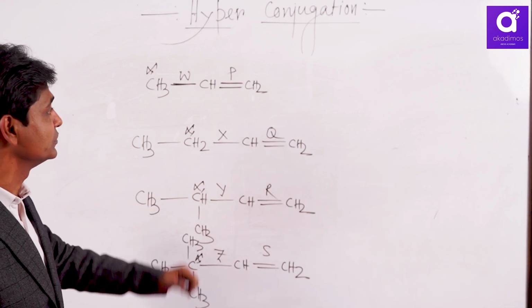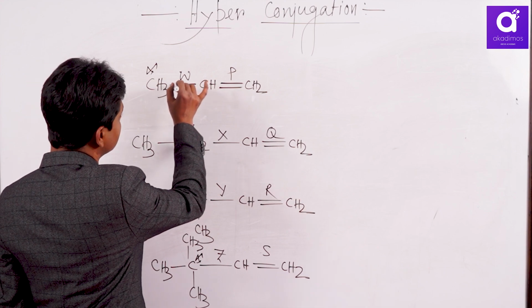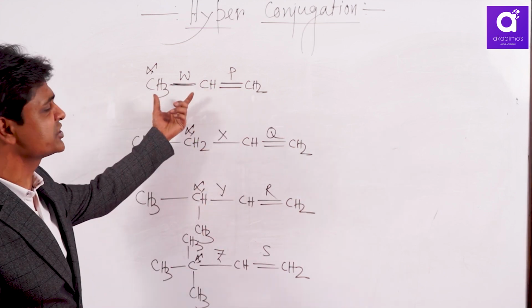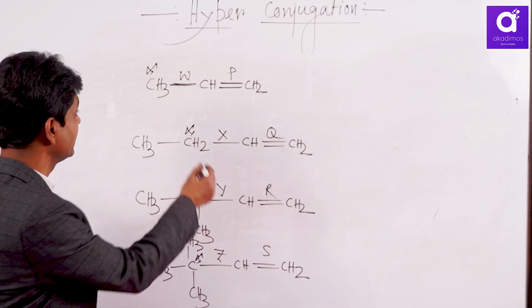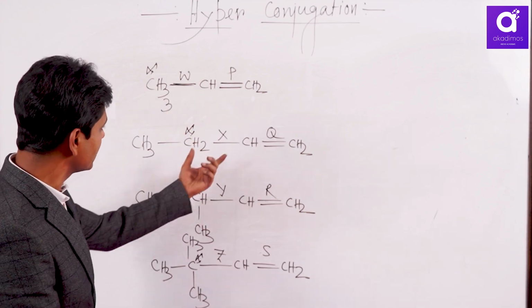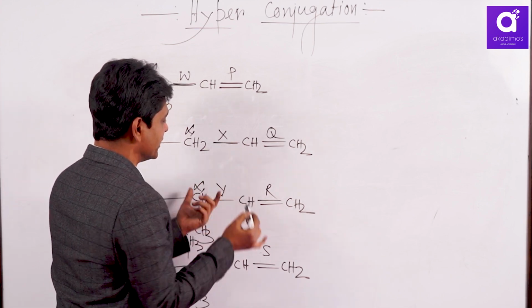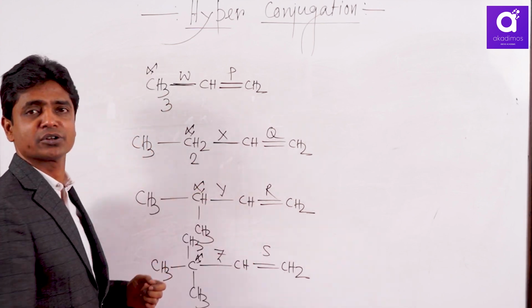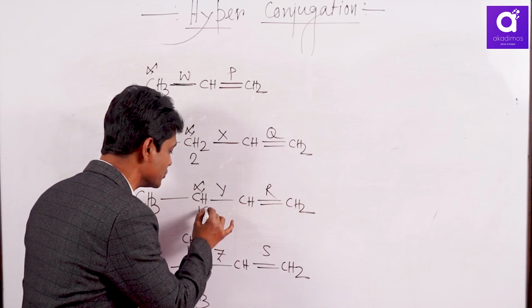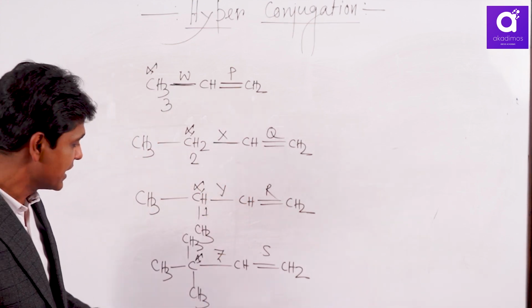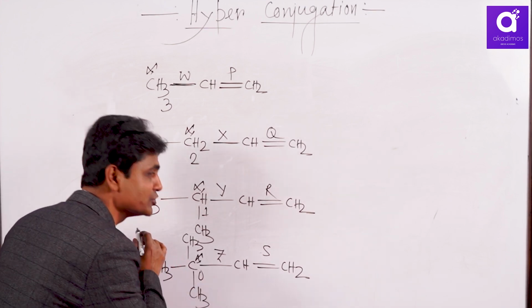Hyperconjugation will help you. See, here hyperconjugation will reduce this bond length. How many hyperconjugations will reduce this bond length? 3. Here the bond length X is reduced by 2 hyperconjugations. Here the Y length is reduced by 1 hyperconjugation. And here no hyperconjugation.